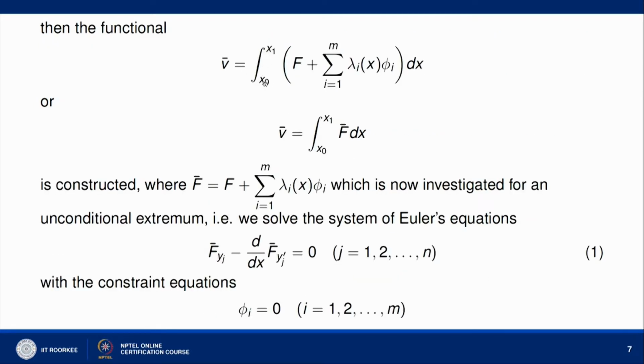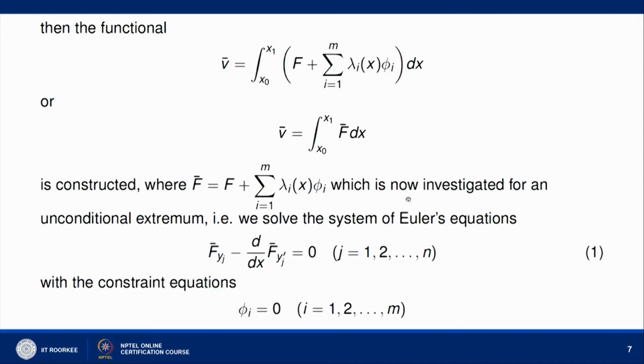We consider this new functional v bar, which is defined as the integral from x0 to x1 of f plus summation i equal to 1 to m lambda i of x phi i dx. If we denote this quantity as f bar, we can rewrite this as v bar equal to the integral from x0 to x1 of f bar dx, where f bar is f plus summation i equal to 1 to m lambda i of x phi i.